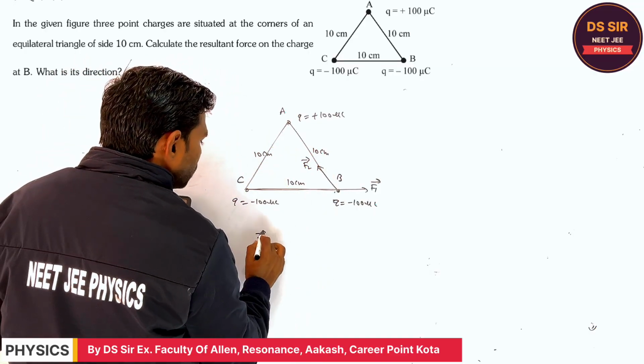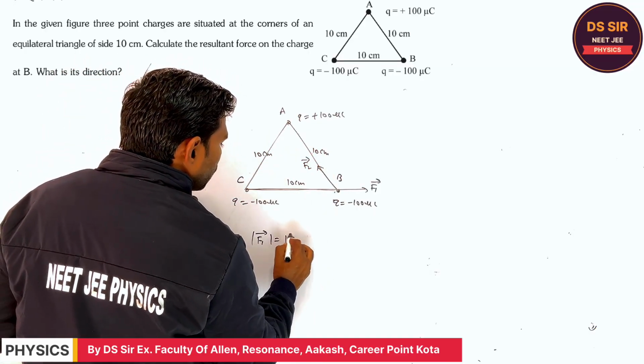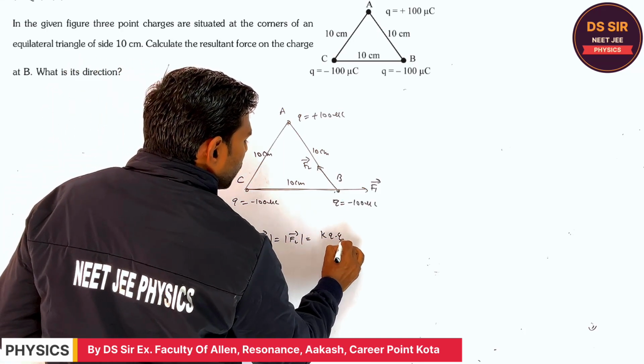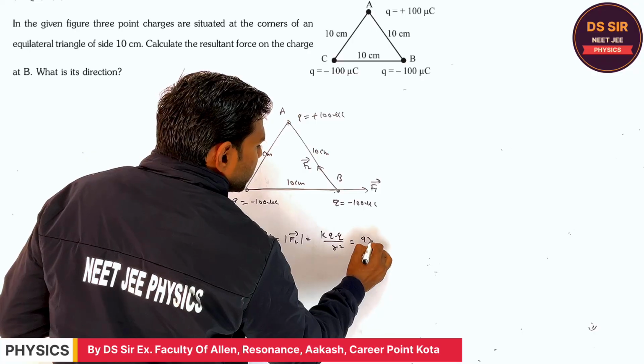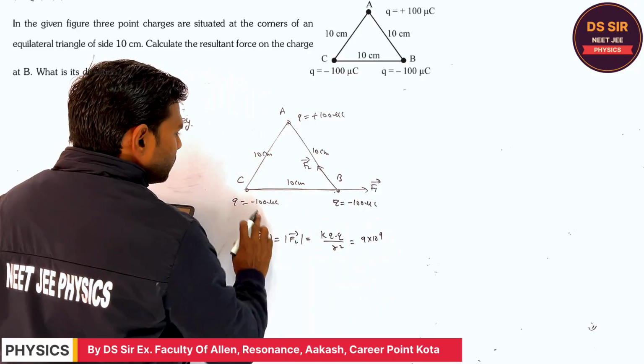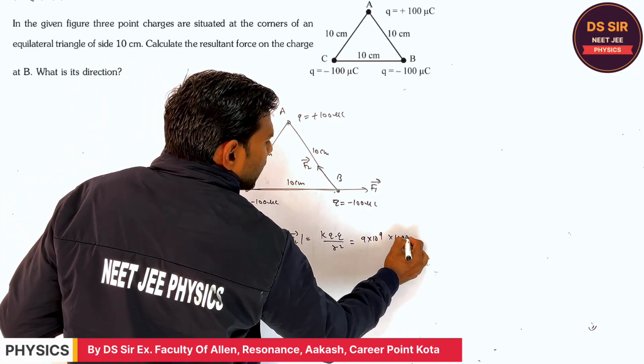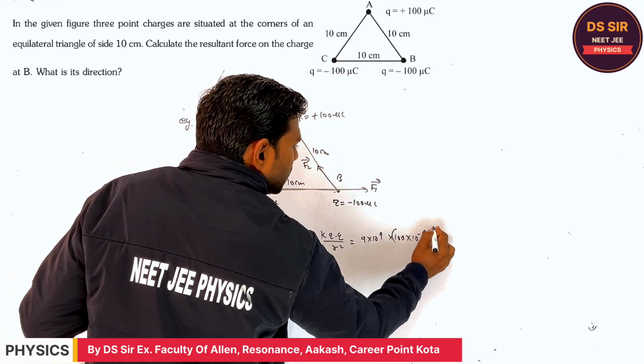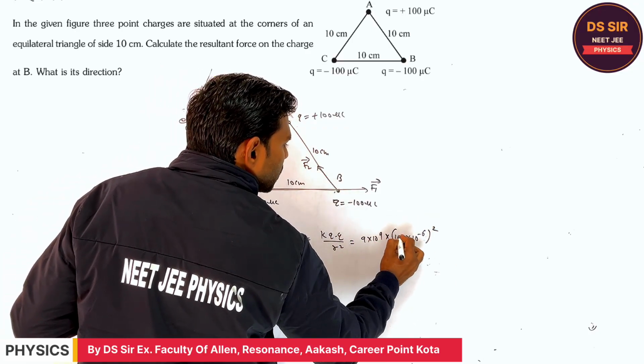The force F1 and F2 vector magnitudes will be the same, KQq upon R square. The K value is 9 into 10 to the power 9. The Q value is 100 microcoulomb, right? Q square, multiplied by 2. Is it clear or not?